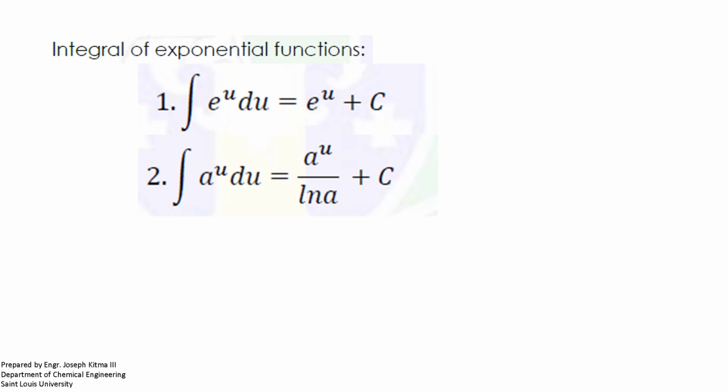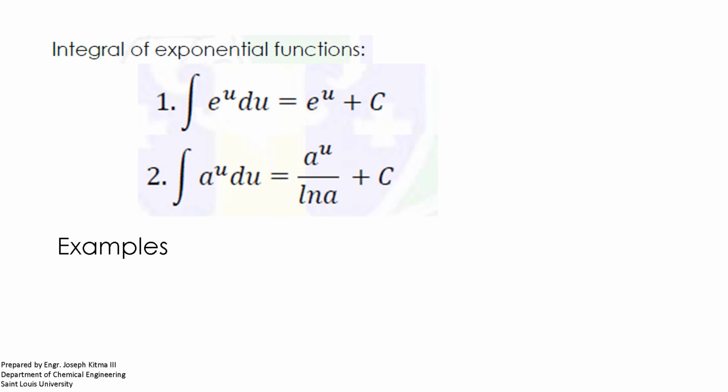For the first formula, e is the base of the natural logarithm, and our variable of integration is u, wherein the exponent u is in terms of the variable of integration. For the second formula, a is the base, where a is any constant. Our exponent is u, in terms of the variable of integration, which makes it equivalent to a raised to u all over ln of a plus c.